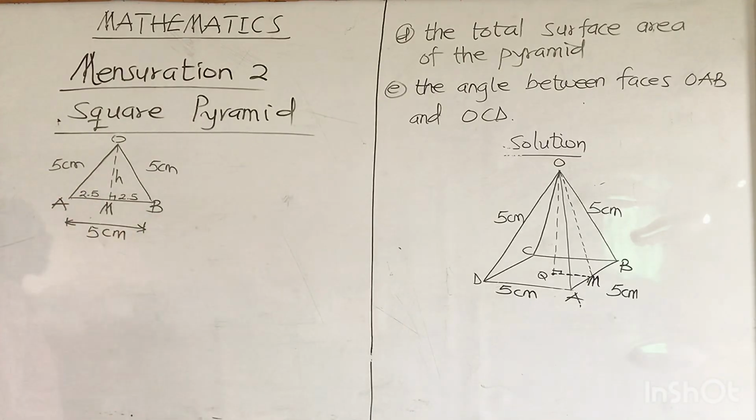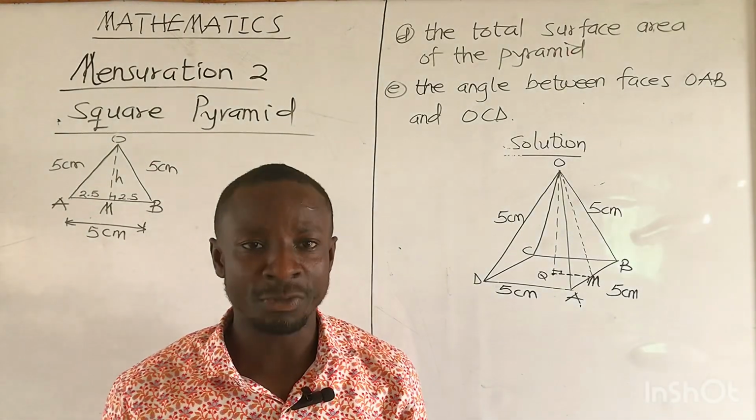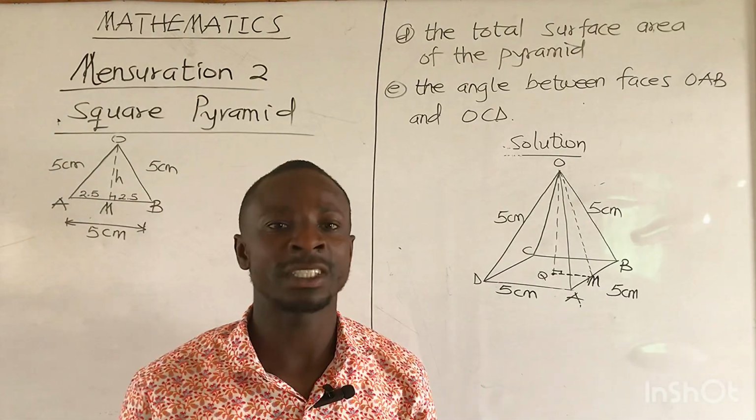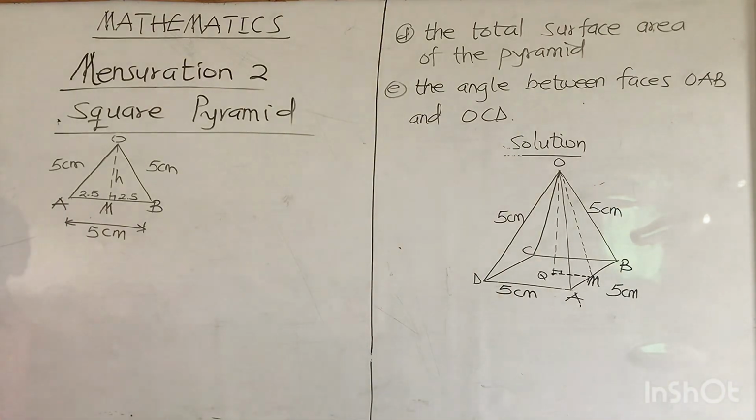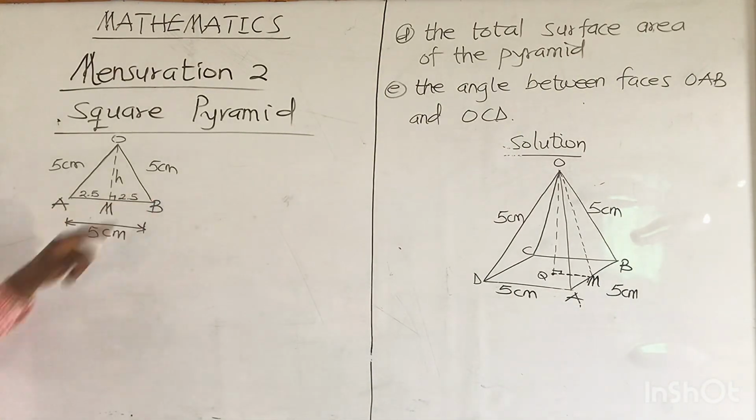is now a right angled triangle, then I can use the Pythagoras theorem to find the height of that triangle. In using Pythagoras theorem, I am going to first of all square the hypotenuse.